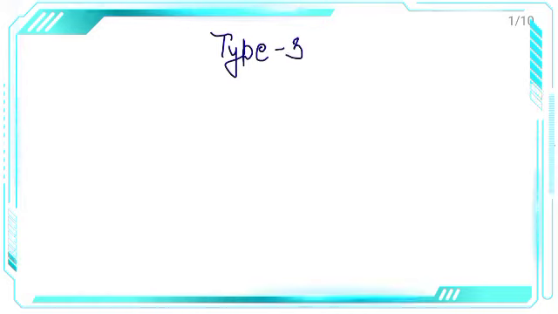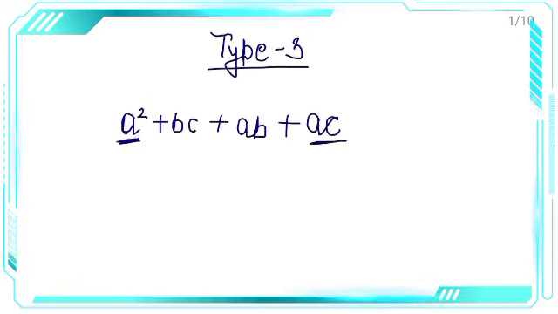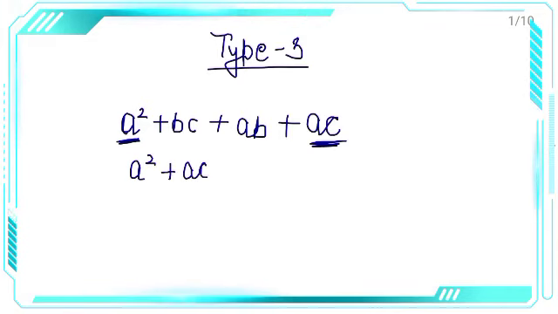Now in today's class let's discuss type 3. In this type we will arrange the terms of the polynomial to factorize them. For example, if we have a square plus bc plus ab plus ac. In a square and in ac we can take a common. So we will arrange them like this: a square plus ac together, plus ab plus bc.